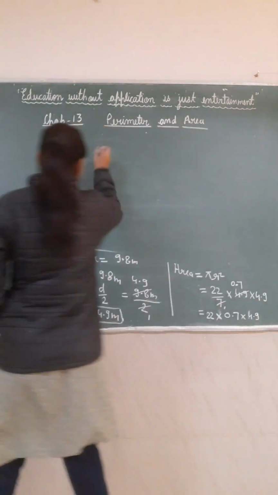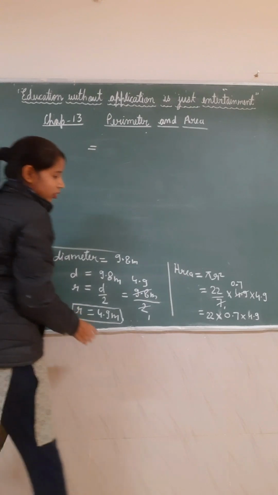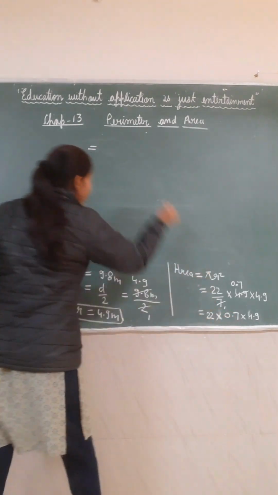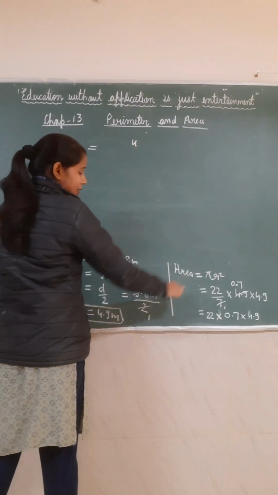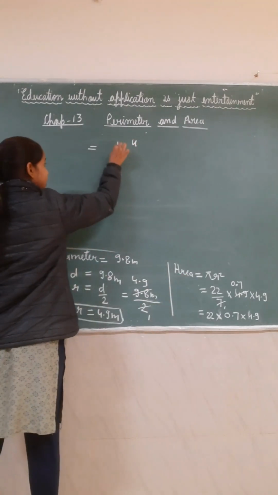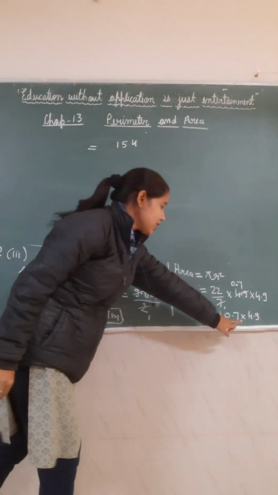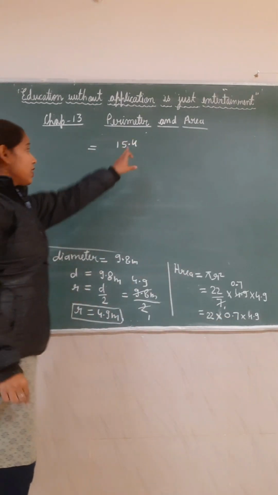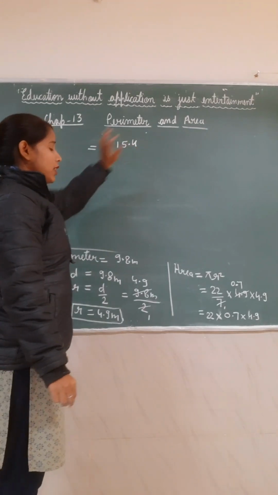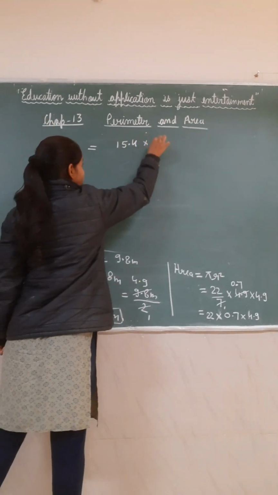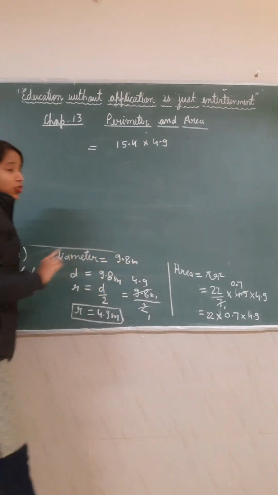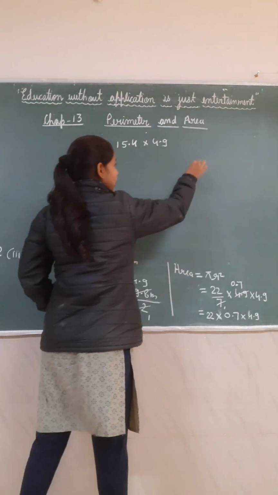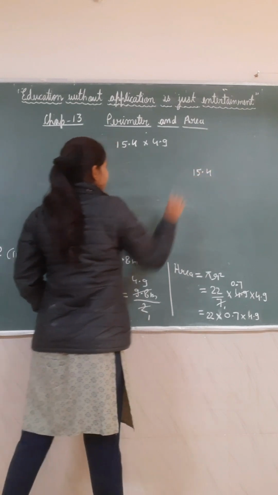Okay, so it will be 7 multiplied by 22. 7 twos are 14, 1 carry. 7 twos are 14 and 1, 15. Right? And decimal is just before 1 digit. So we will draw the decimal, put decimal before 1 digit. Okay? And multiply by 4.9. Now do the calculation. I am doing it here, but you have to write it out in your rough page.